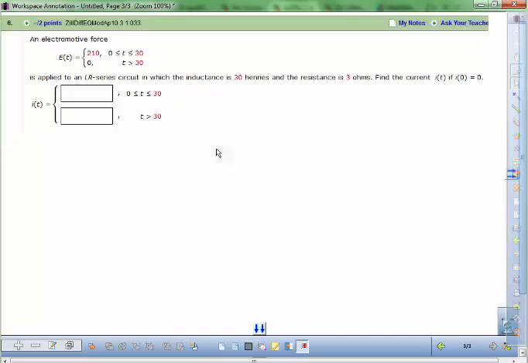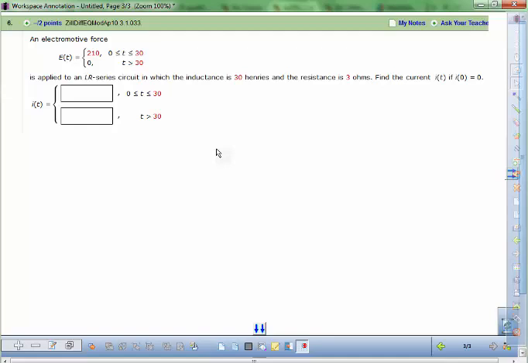So electrical force is given by that, and so for a certain domain, time from 0 to 30, it's giving an electromotive force, and after that it goes to 0.